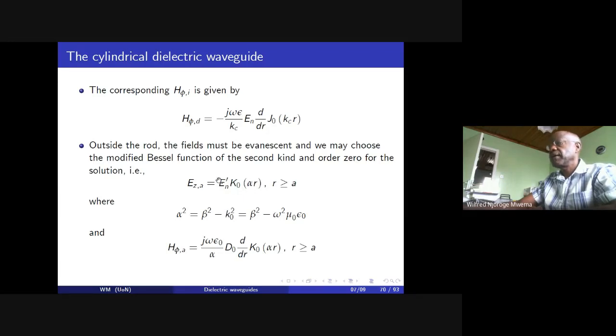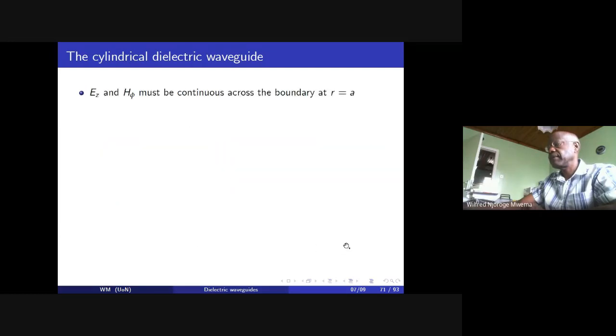And remember, the modified Bessel function is actually the ordinary Bessel function with imaginary arguments, where alpha squared is given by that expression. And H phi outside in air is going to be given by j omega epsilon naught multiplied by an amplitude D naught and the derivative of K naught of alpha r.